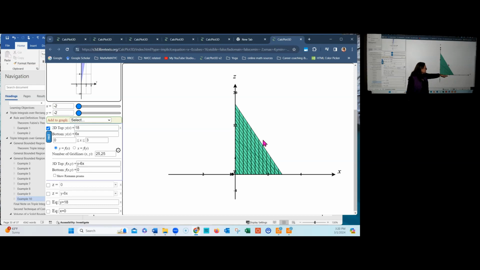So we're integrating from z equals 0 to z equal negative 6x. That will give us the limits of integration of the middle one. And then what is x varying between? Well, we were given that x equals 0 is a bounding plane, so we can't go below that. And then it's going to come up here, and if z equals negative 6x, this value has to be 3. And that's what would cause it to 0 out.